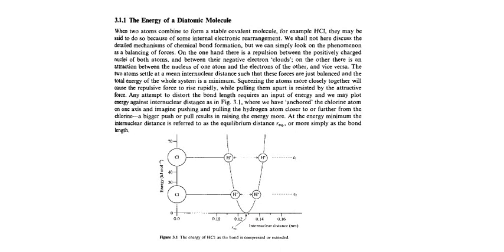That's the point where the two atoms settle and the energy of the system is minimum. If you try to push one of the atoms closer to the other, or if you try to pull the atoms apart, the energy of the system, of course, increases. And that's what we've plotted here in this diagram.